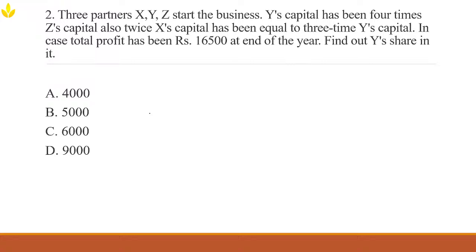Three partners X, Y, Z start a business. Y's capital is 4 times Z's capital. Also, twice X's capital is equal to 3 times Y's capital. In case the total profit is 16,500 rupees at the end of the year, find out Y's share in it.